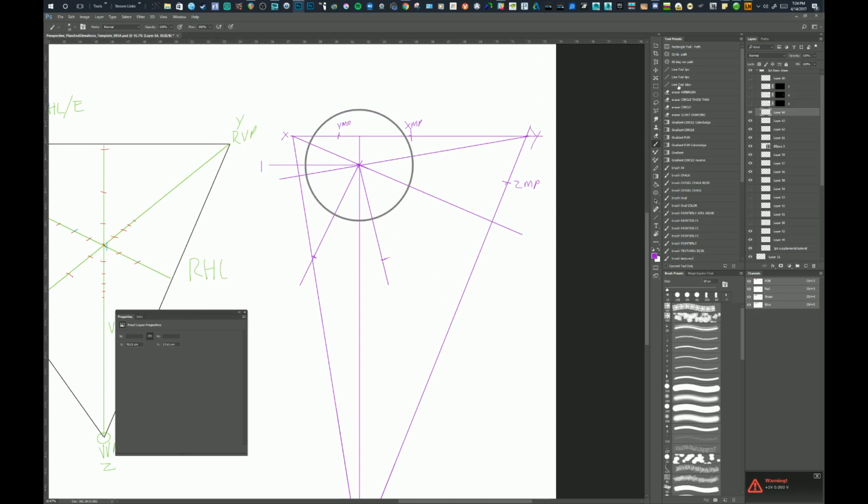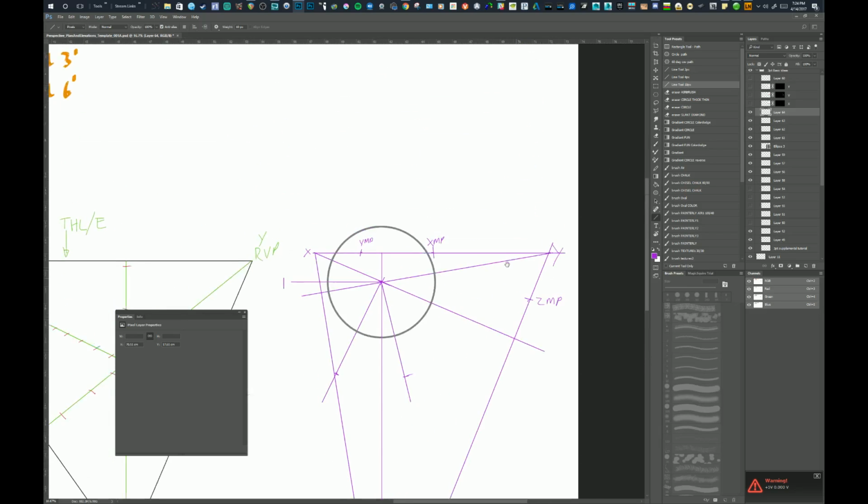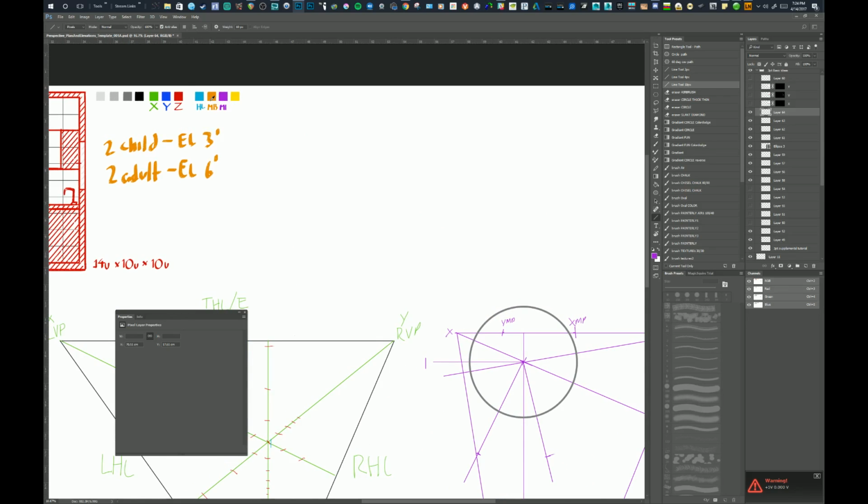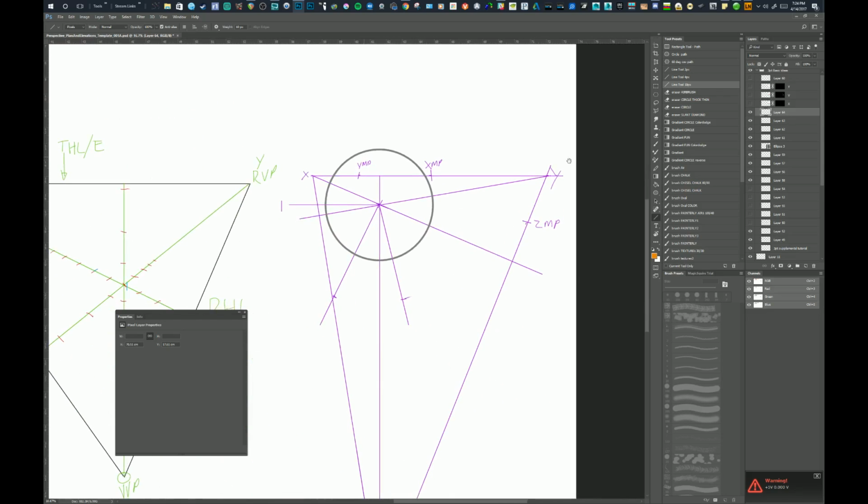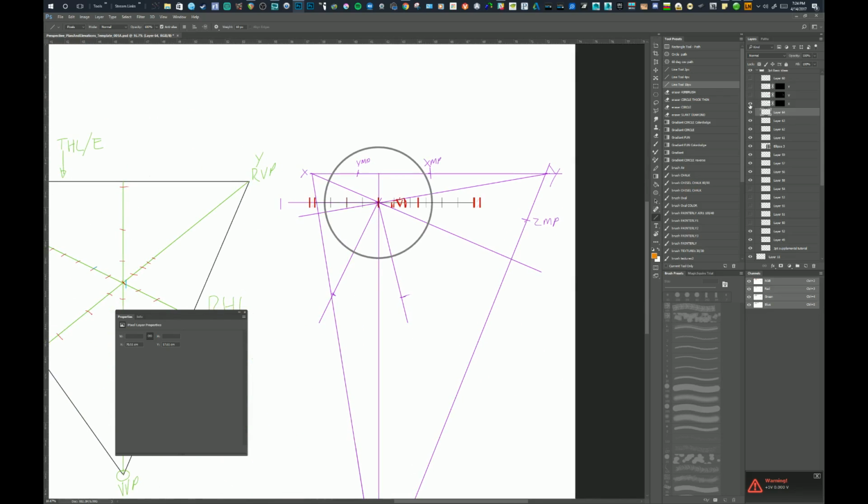All right, so now that we've got our measure points, we can now begin to foreshorten. We can foreshorten these measure bars. So let's go Y first, and anywhere we got a tick, that's where we're going to be going.